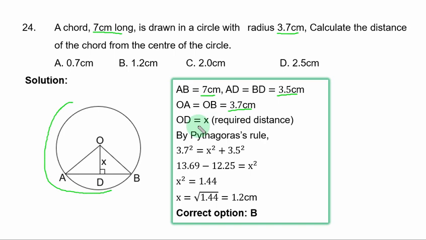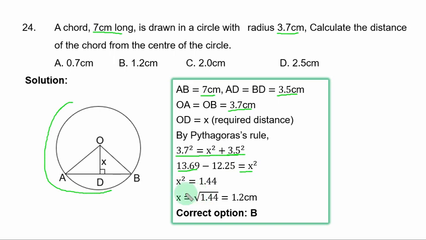If you consider any of the triangles, by Pythagoras rule, the radius is the hypotenuse, that is 3.7 squared equals the sum of squares of the other two sides. So you have 13.69 minus 12.25, the square of 3.5, equal to S squared.